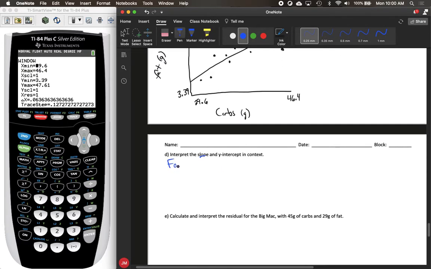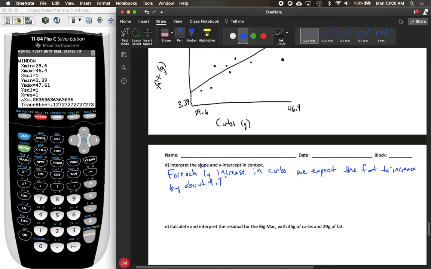So for each 1 gram increase in our explanatory variable, so for each 1 gram increase in carbs, we would expect the fat in grams to increase by about 1.71 grams.